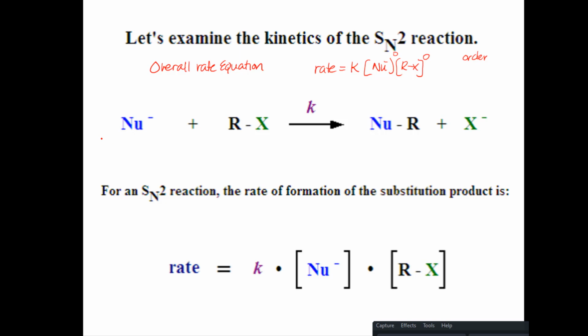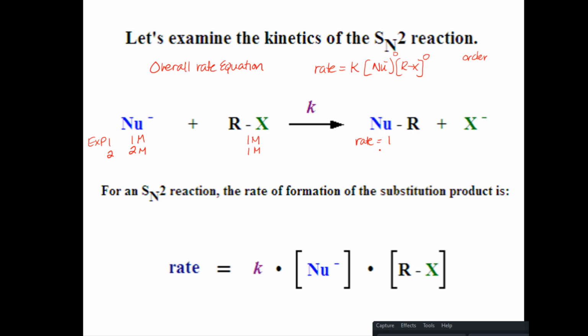So for example, let's say we do experiment 1, and we use 1 molar nucleophile and 1 molar alkyl halide. And let's say that we measure an overall rate of 1, whatever the units are. So then in experiment 2, I would make the nucleophile's concentration 2 molar, keep the alkyl halide's concentration at 1 molar, and see what happens to the rate.